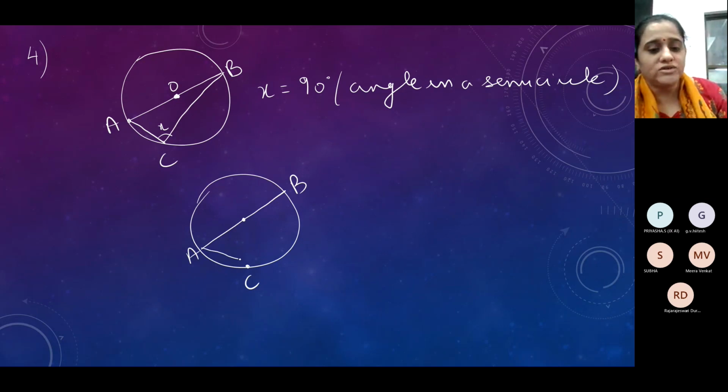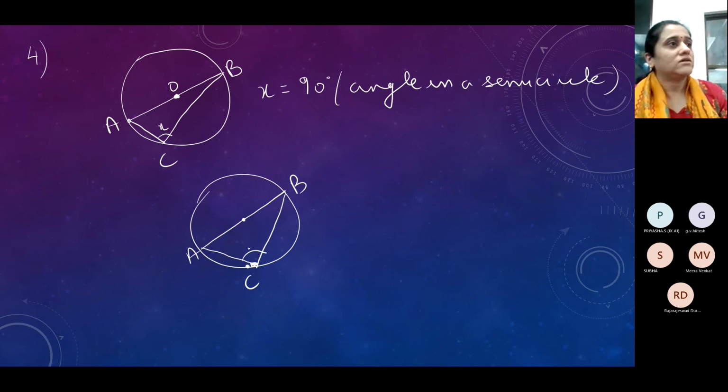So join A to C, and B to C. This is the angle which is 90 degrees. In this figure, from A to C and from B to C, angle X is equal to 90 degrees. Angle in a semicircle is a right angle. Correct? Make a note of that.